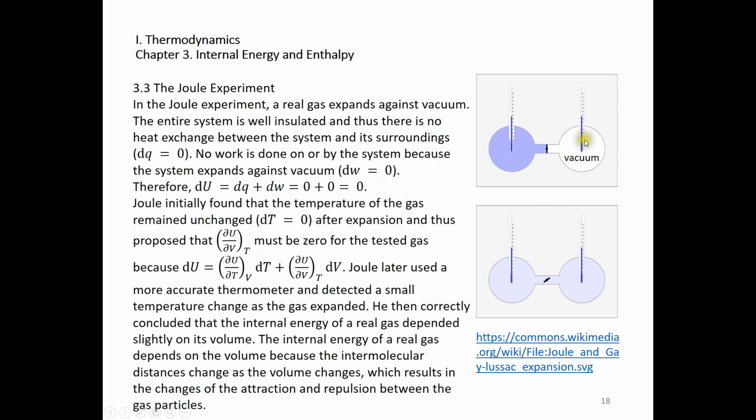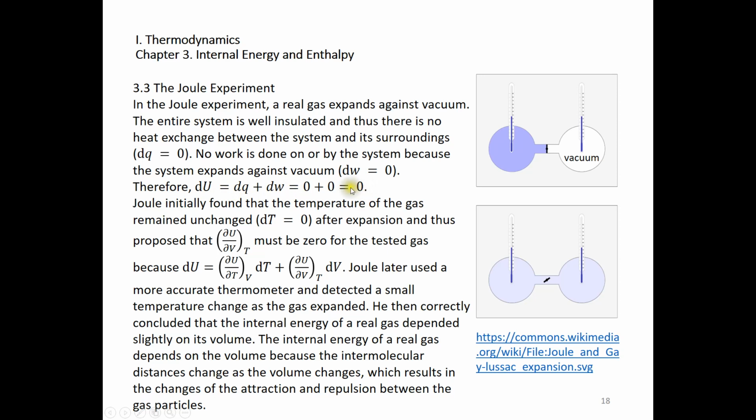This time P external is exactly 0. Expansion against vacuum means work is 0. Well, you cannot do work to a vacuum because a vacuum cannot either give energy or accept energy. Therefore dW is 0. Since dQ is 0, dW is 0, we have dU is equal to 0.